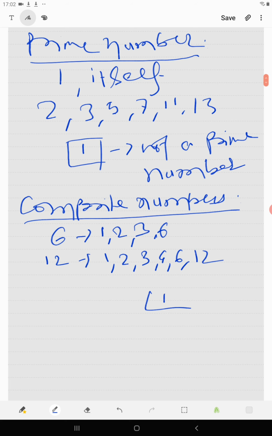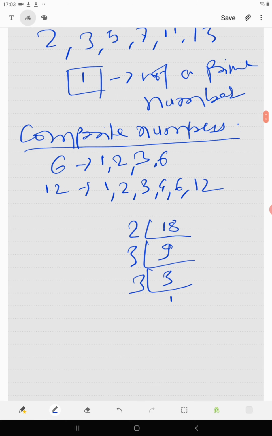Let's take an example of 18. 18 divided by 2 is 9, 9 divided by 3 is 3, 3 divided by 3 is 1. So 18 can be represented as 2 into 3 square. As you can see, 2 is prime, 3 is prime. So 18 is a composite number, but it has been represented in the form of prime factors.